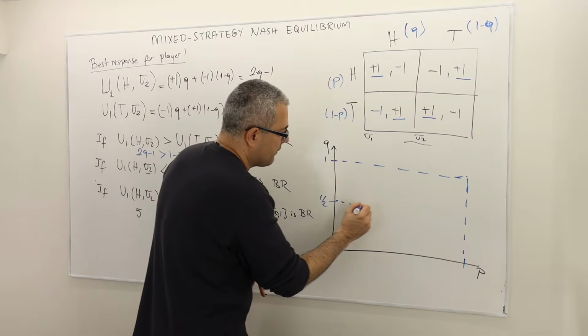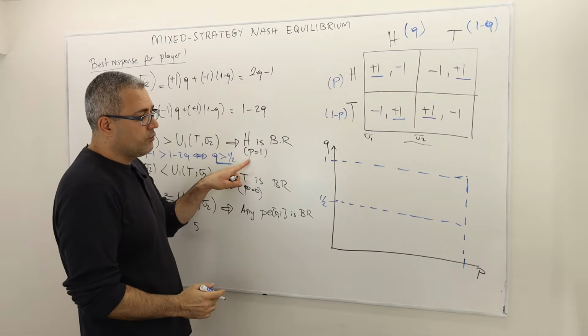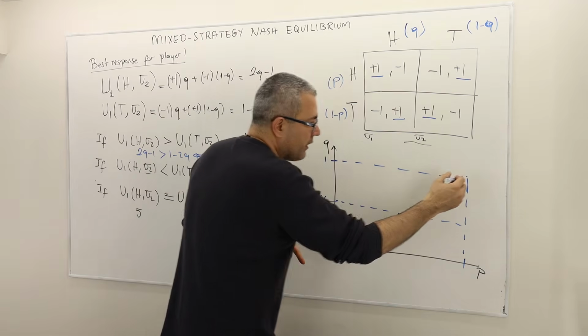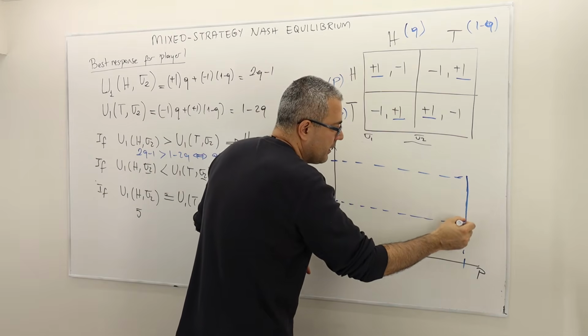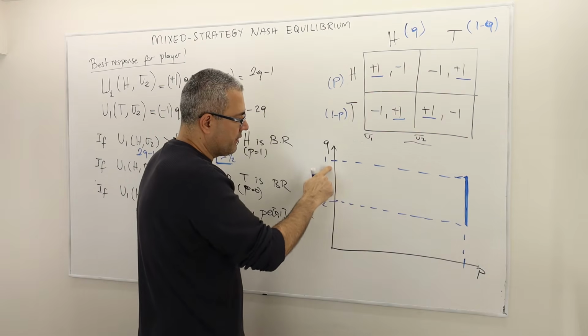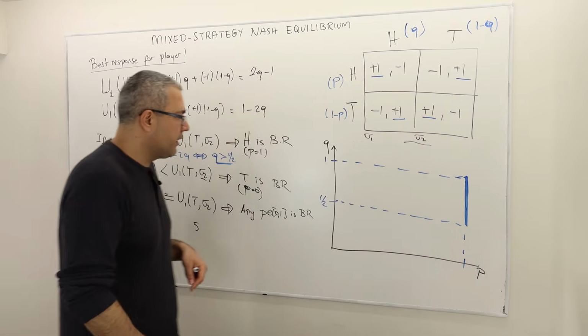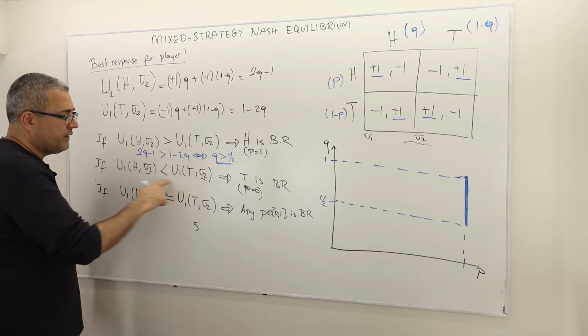So as long as Q is in this range, P is equal to 1, all right? So therefore, if you draw this function, it's this, all right? So whenever Q is higher than 1/2, I have P equals 1. Very good.